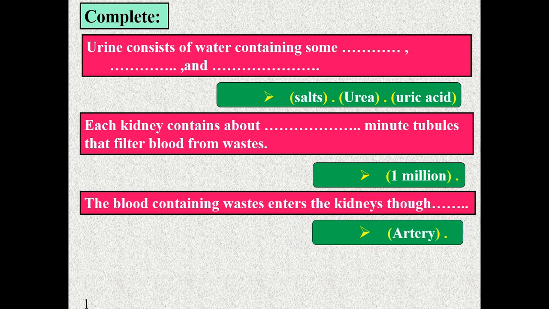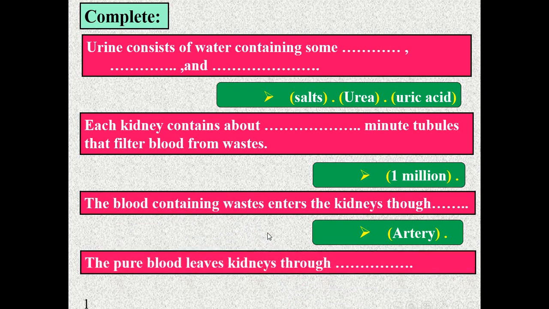The clean blood which is filtered by the kidney will go through the vein, while the blood that contains waste will enter the kidney through the artery. The pure blood leaves the kidney through the vein.